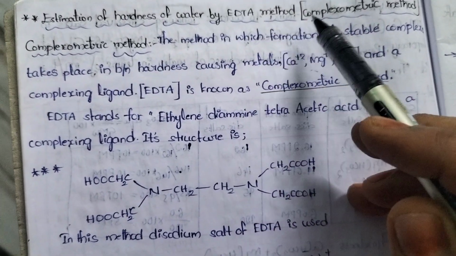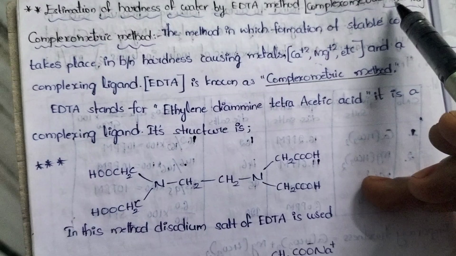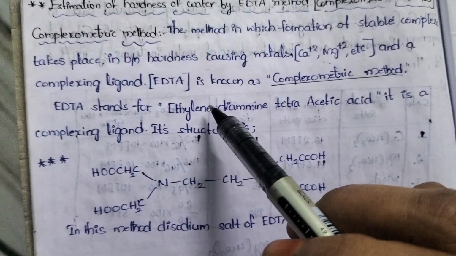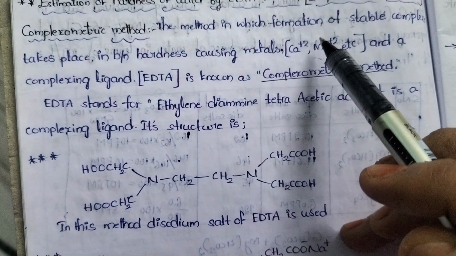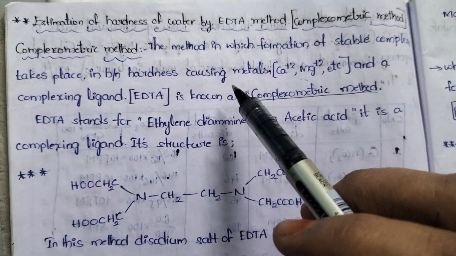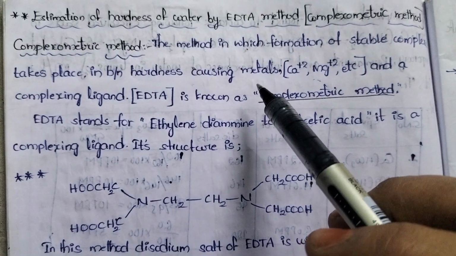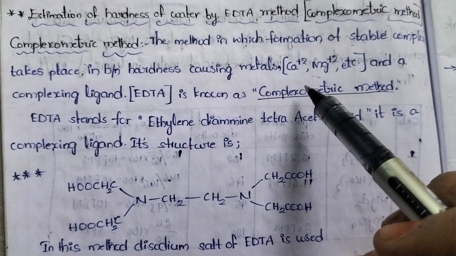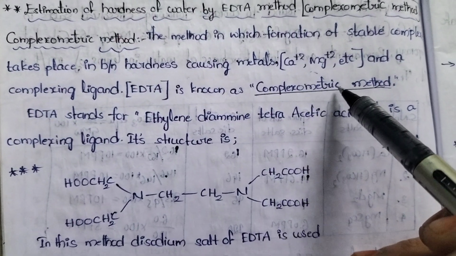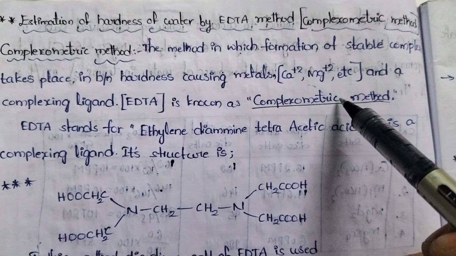Why is this method called the EDTA method? What is the complexometric method? First look into the definition. The method in which formation of a stable complex takes place between hardness causing metals and the complexing ligand, that is EDTA, is known as complexometric method. I will simplify this.